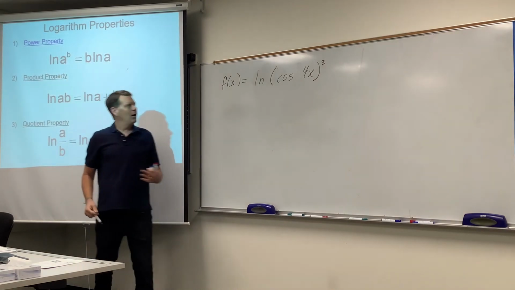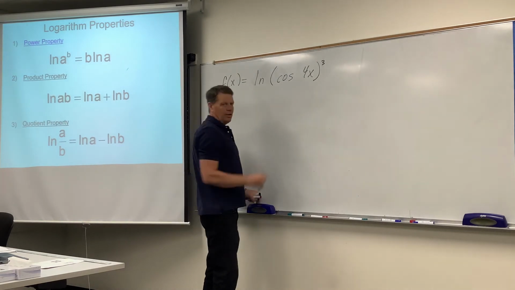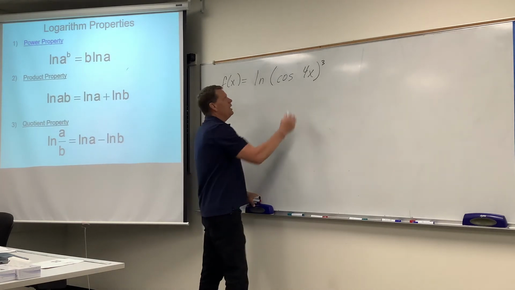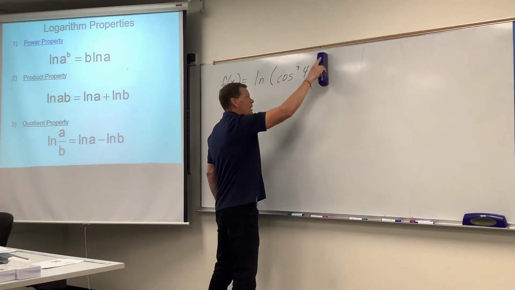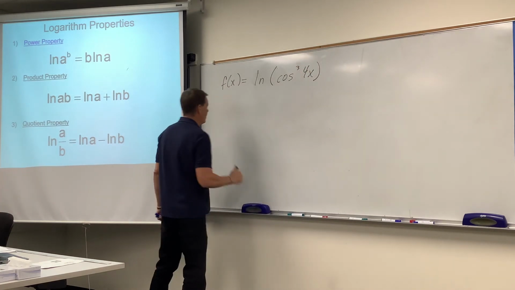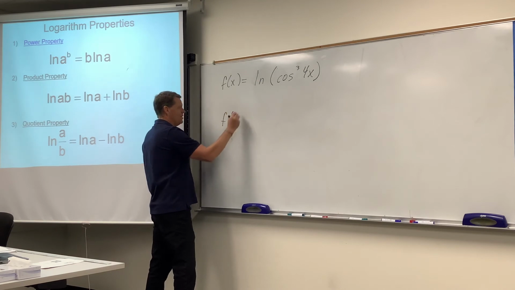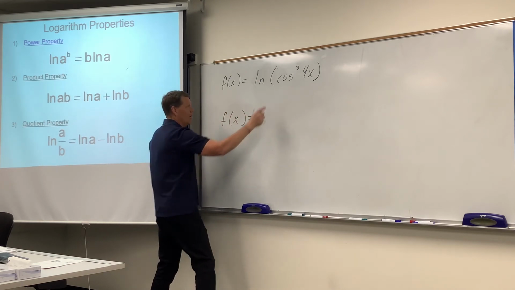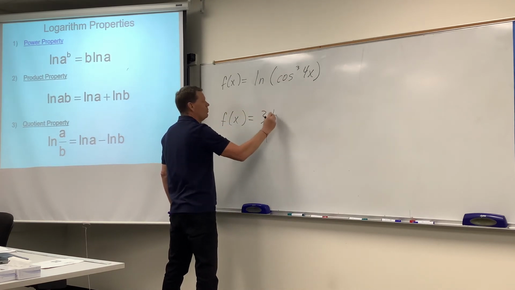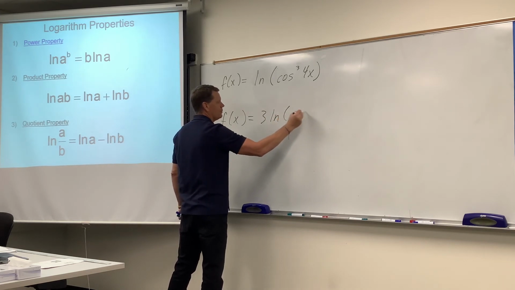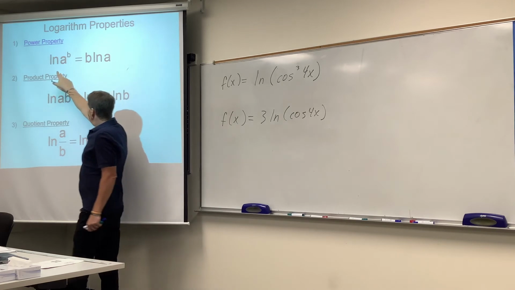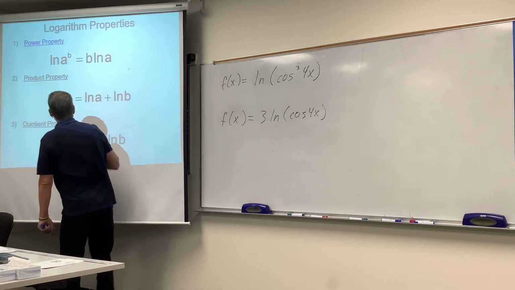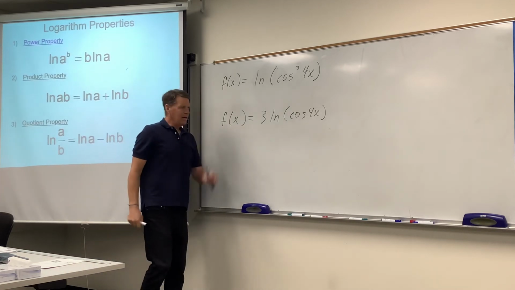Because that third power is being applied to cosine 4x, isn't it? Whether it's in here or out here. So the point would be, before we get all calculus crazy, we would go, you know what, that 3 can be brought down in front. Because we effectively had the natural log of something to a power. And that power can be brought down in front.